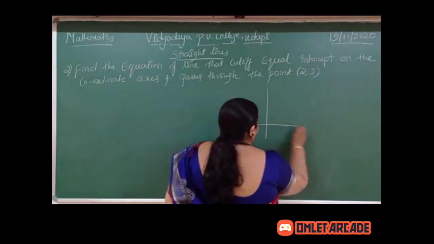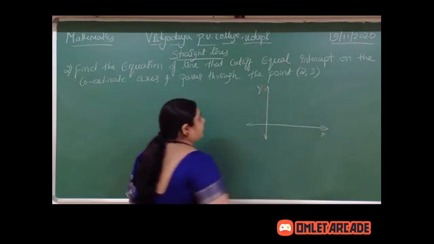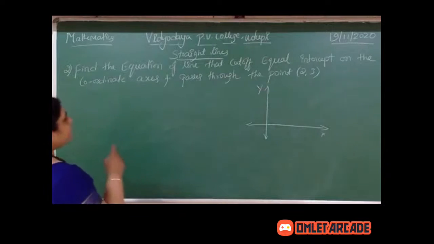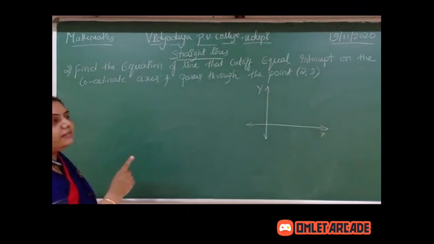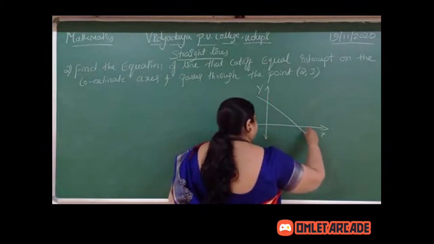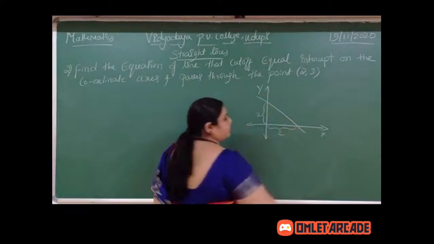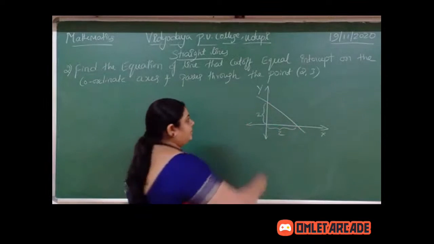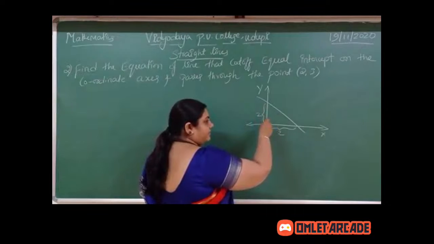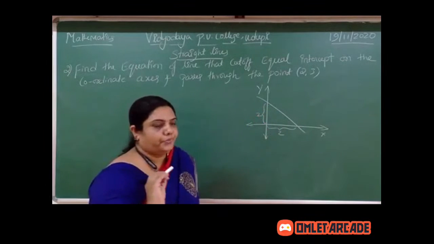Let me make a rough picture again. This is the coordinate axis x, y. Equation of line that cut off equal intercept on the coordinate axis. Equal intercept means if it is of intercept 2, this should be also 2. Is that clear? Imagine if y intercept is 2, then x intercept should also be 2.